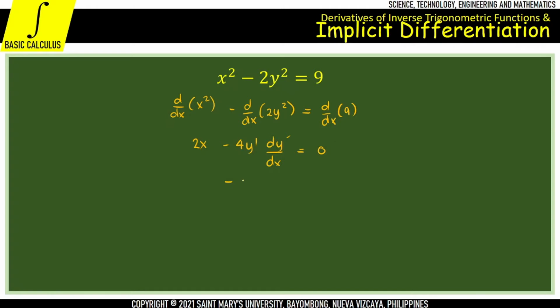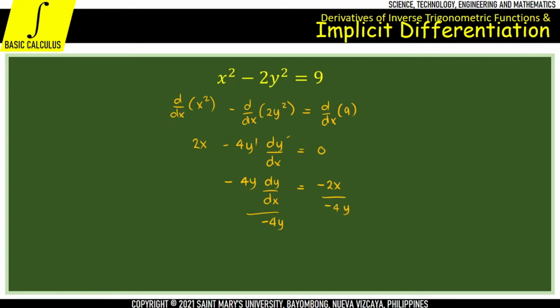So we keep the negative 4y dy all over dx, and then, by the addition property, it becomes negative 2x. Next, we remove the coefficient of dy over dx by way of division. So we divide by negative 4y. Whatever we divide on the left side, we should do on the right side as well.